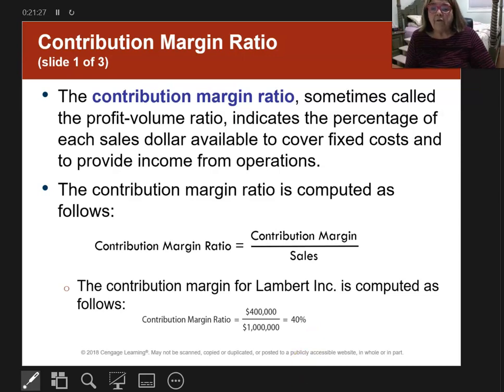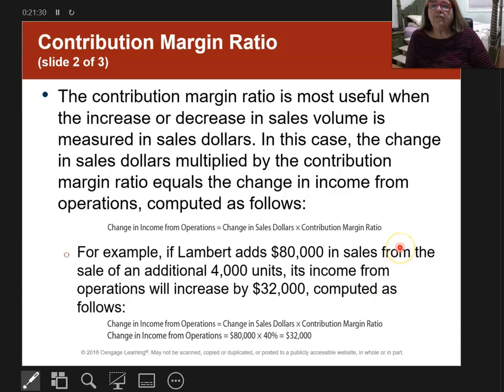So why do you need to know this? Well, this is actually helpful whenever your sales go up or down. You can measure it in sales dollars. Or if I want to add to my sales by increasing my units, it'll help me understand how much my profit will increase.